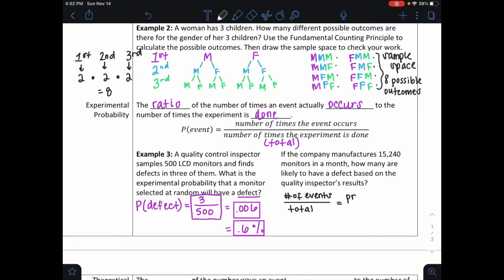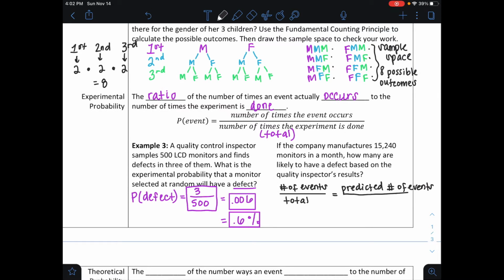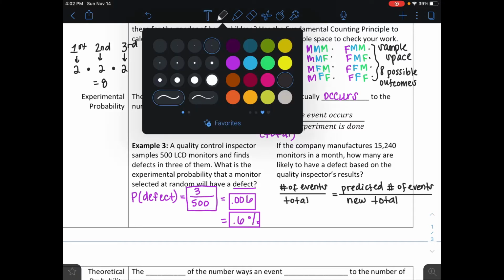And then that's going to equal the predicted number of events over the new total. So when it's asking you to predict the future based on an experiment that already happened, then you need to use this proportion.